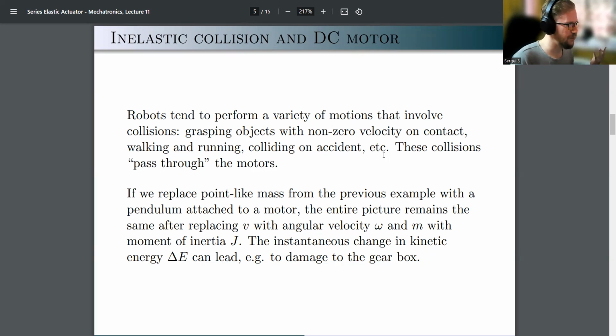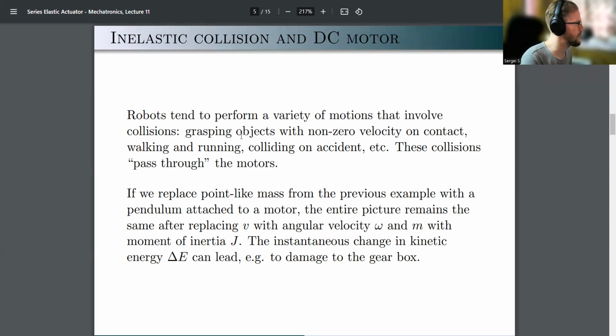But you can imagine this means collisions, because sooner or later you will collide. It's not always going to be zero velocity contact between you and a human. At some point, it will be non-zero velocity. That means a collision, so collisions have to be taken into account. I hope I explained why collisions are important for robots.